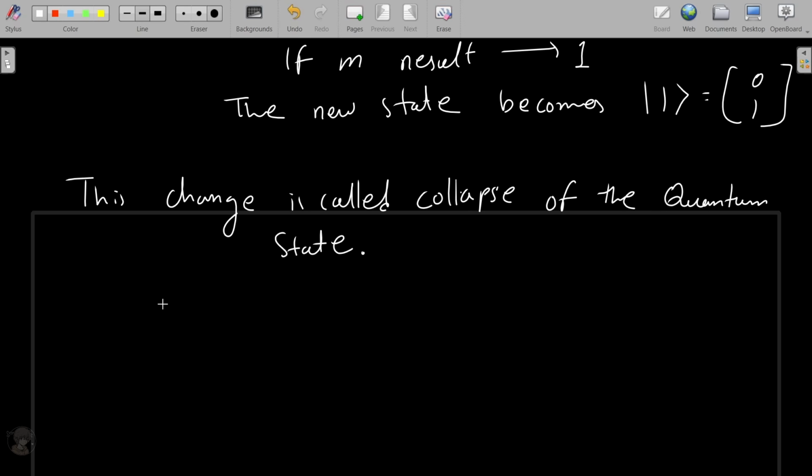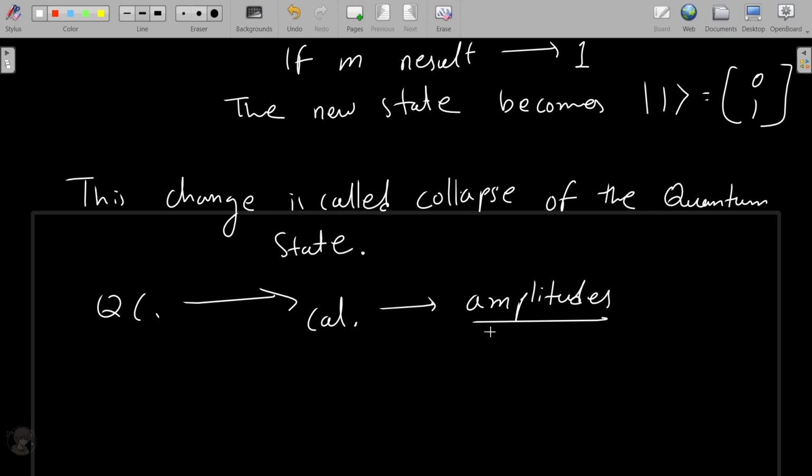Quantum computers perform calculations using amplitudes, as I have said many times in my videos.